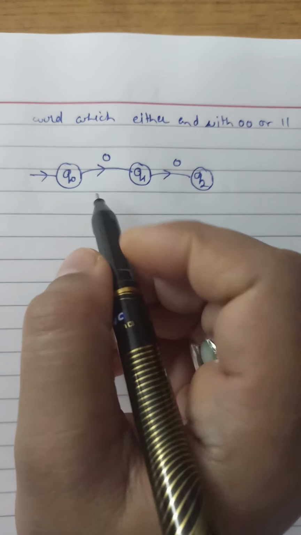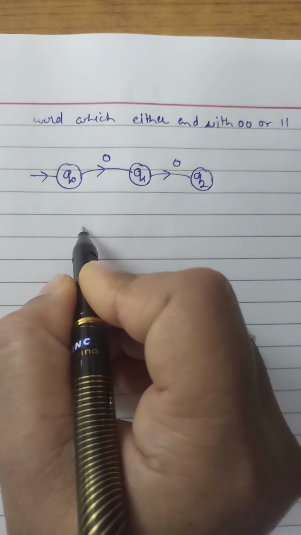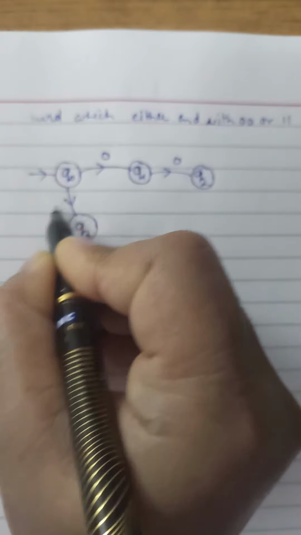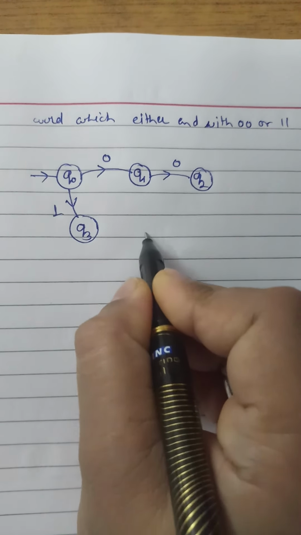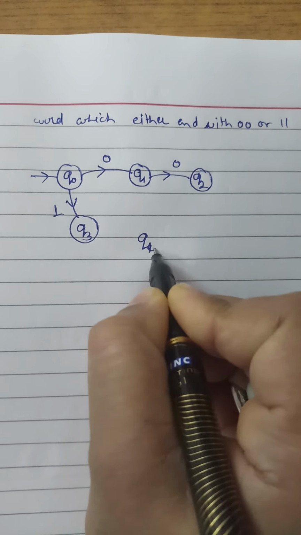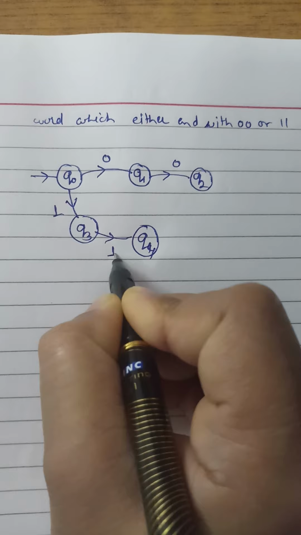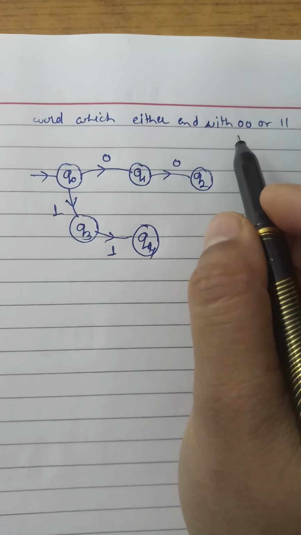So, we make another transition for Q3, in which we make a transition for 1, and Q4 with a transition for 1, because either it should end with 00 or 11.